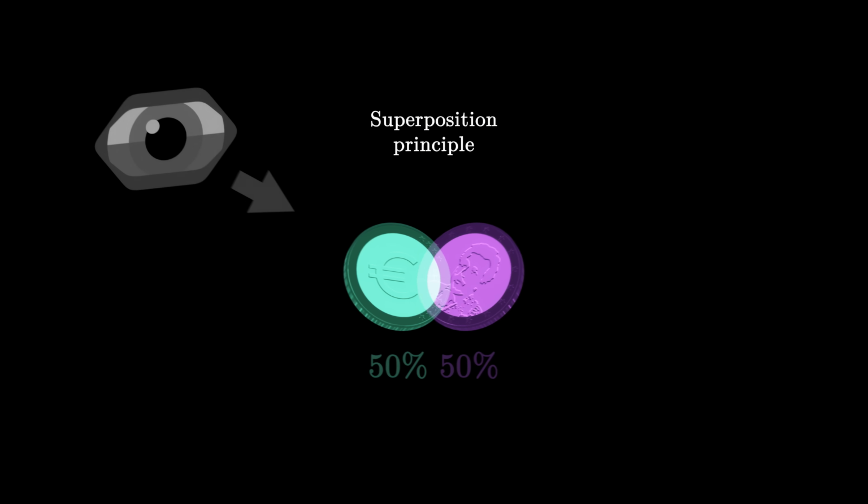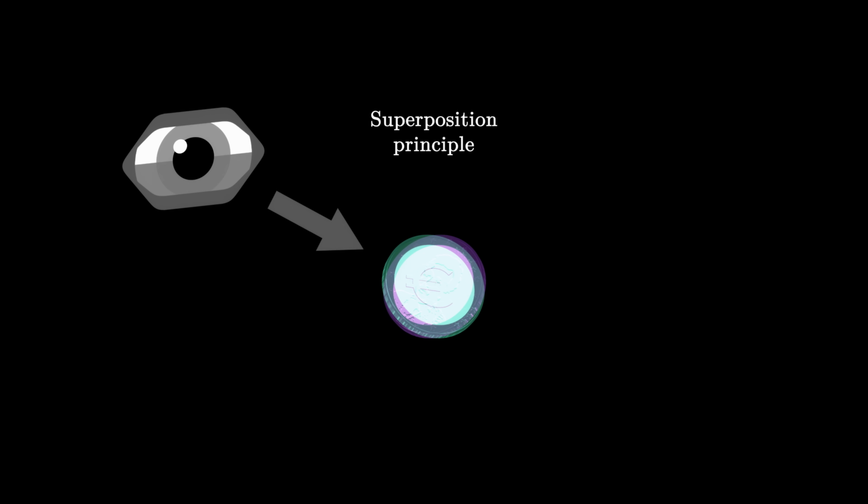It is only when we observe the coin that the universe will have to collapse at random between heads or tails, according to these probabilities. Of course, this is just an analogy. This phenomenon does not occur for a macroscopic coin, but it does occur at the scale of quantum particles.